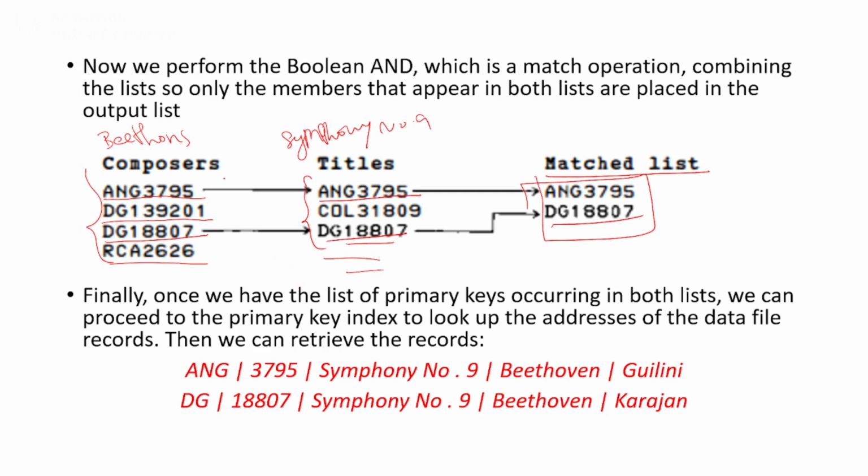So both fields will be there in this particular matched list. These are the records where you have Beethoven as the composer and symphony number 9 as the title. So these are the two data records which we are going to get.